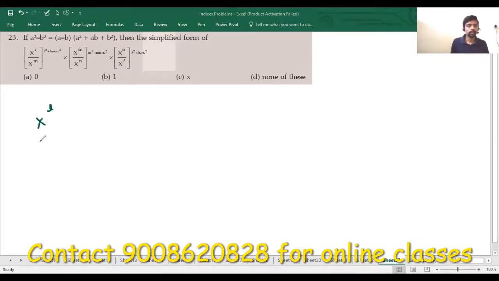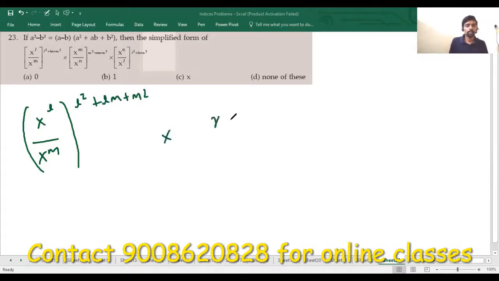The first expression is x power l upon x to the power m, whole to the power l square plus lm plus m square. Next. So here the variables are l, m and then the other one is n. There are three variables here, l, m, n. Now see, after l, we should write m. After m, it should be n. After n, again, it should be l. Then we say that the expression is in cyclic symmetry.